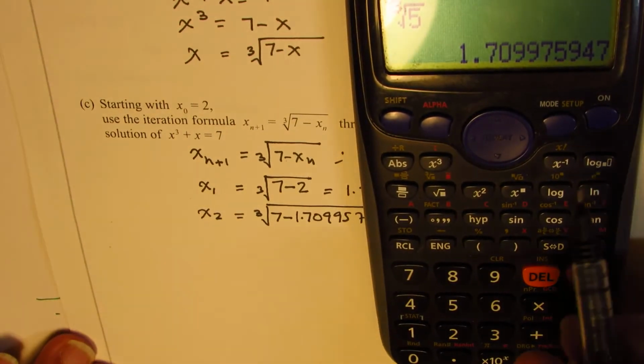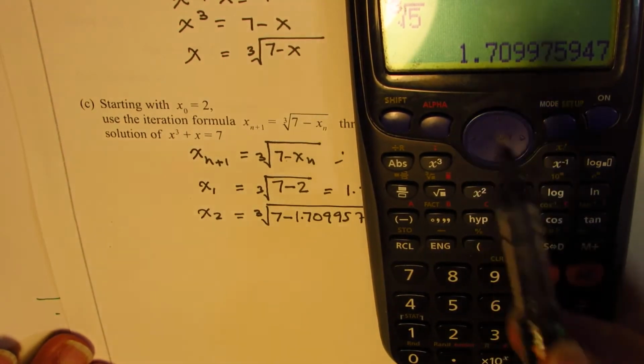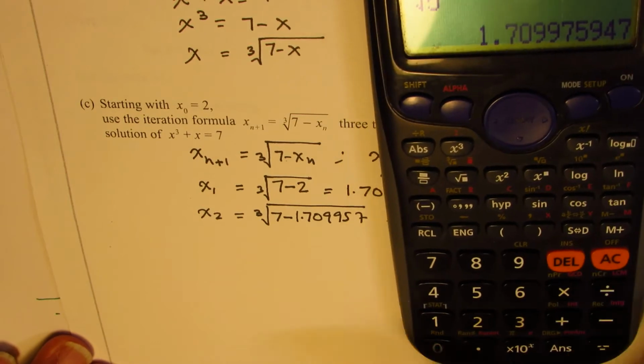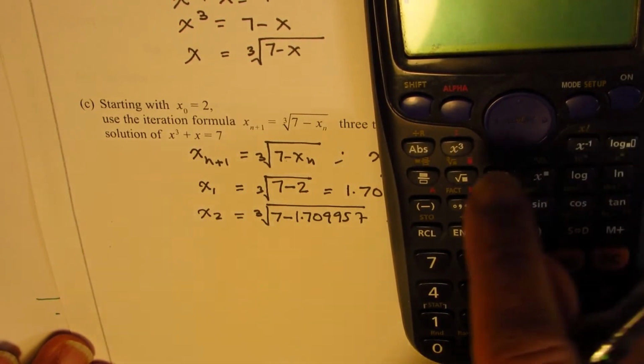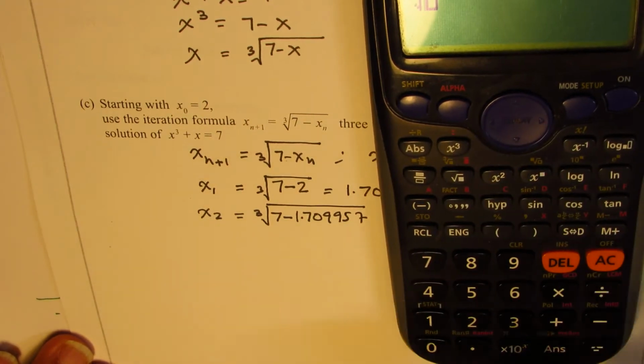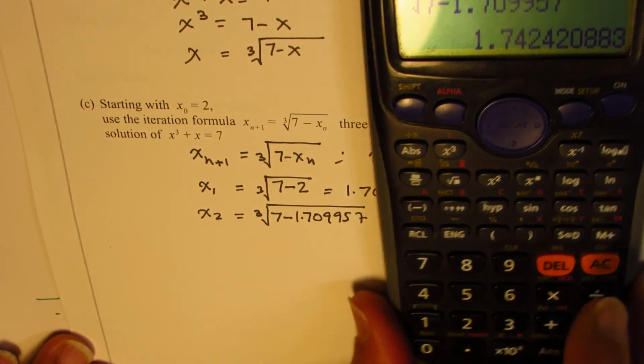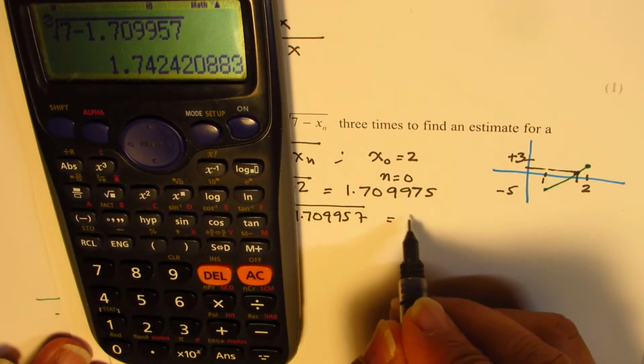So what I will do actually is we'll use this negative value. Okay, so we have to use cube root of 7 minus 1.709975. And that gives you 1.7424.